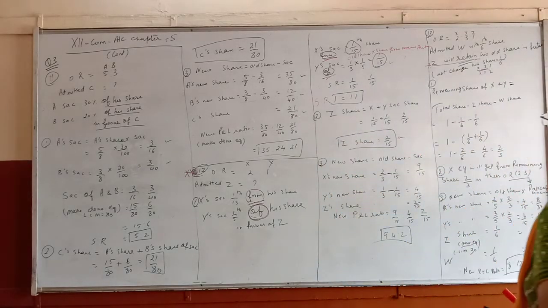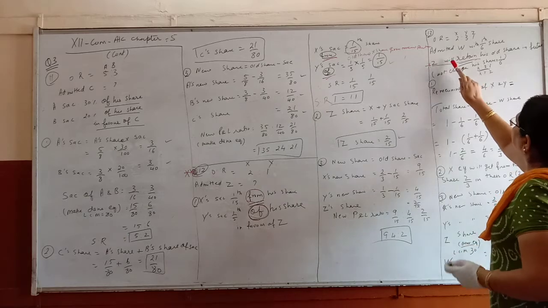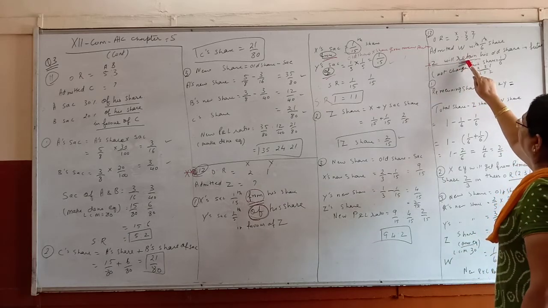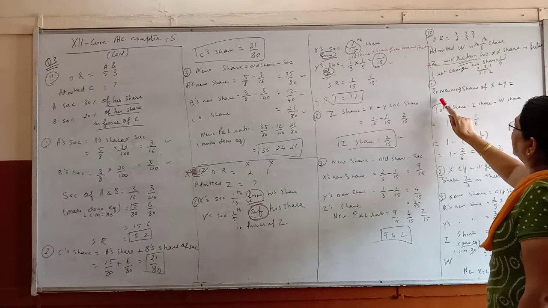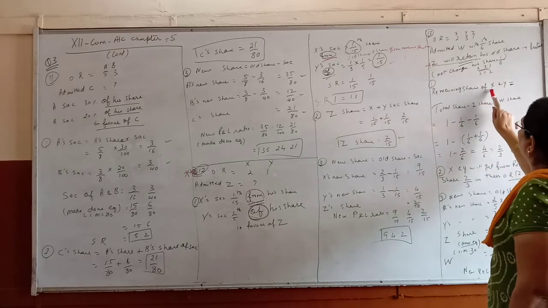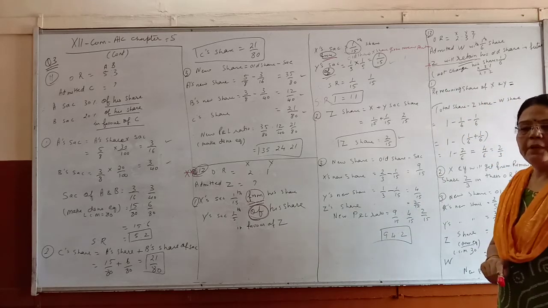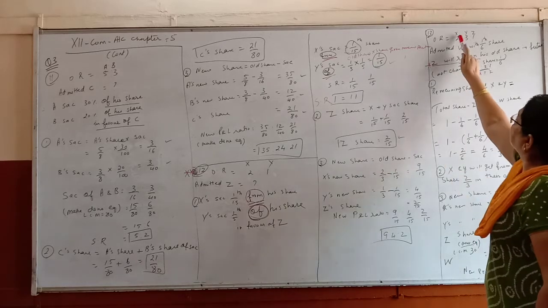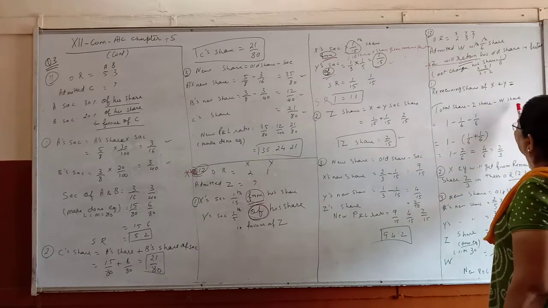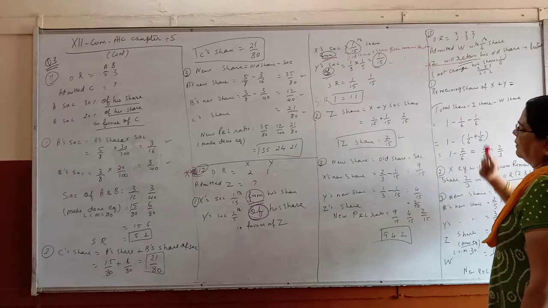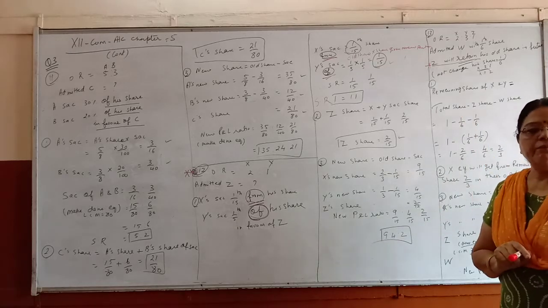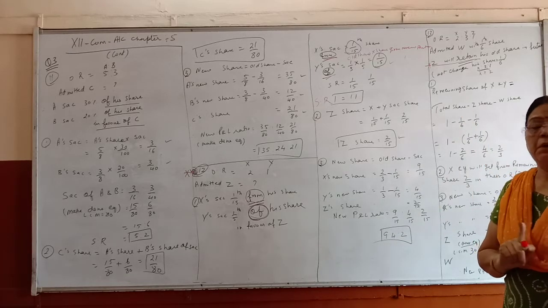So in this, when a person retains his old share, the remaining share of X and Y is equal to total share. Total share we have to assume as 1.